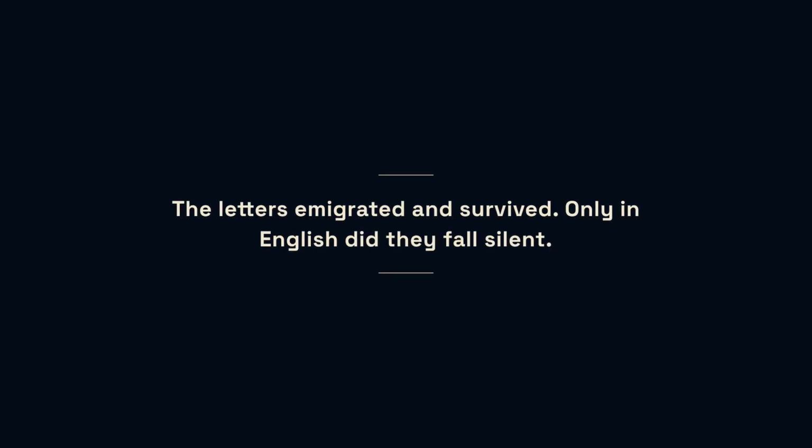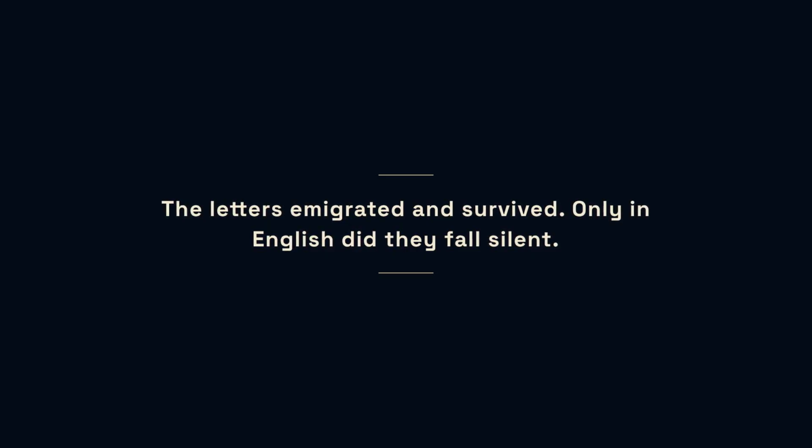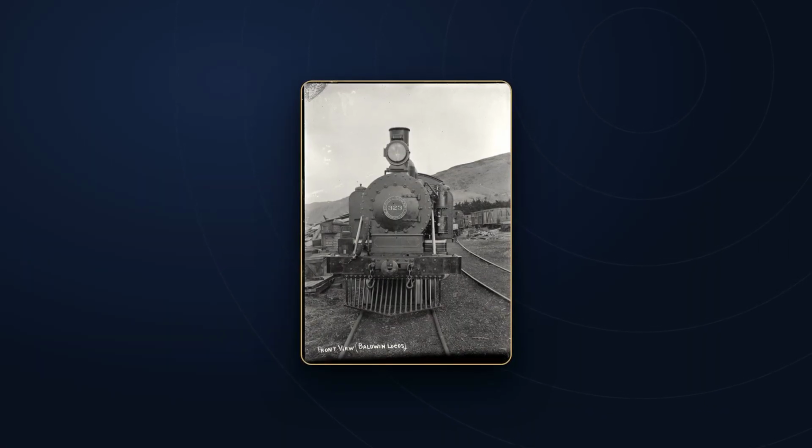Only in English did they fall silent. The proof that they were ever ordinary sits preserved behind glass. The Beowulf manuscript, held in the British Library under the name Cotton MS Vitellius A XV, dates to around the year 1000, and on its pages thorn and eth appear again and again as plain, everyday letters.